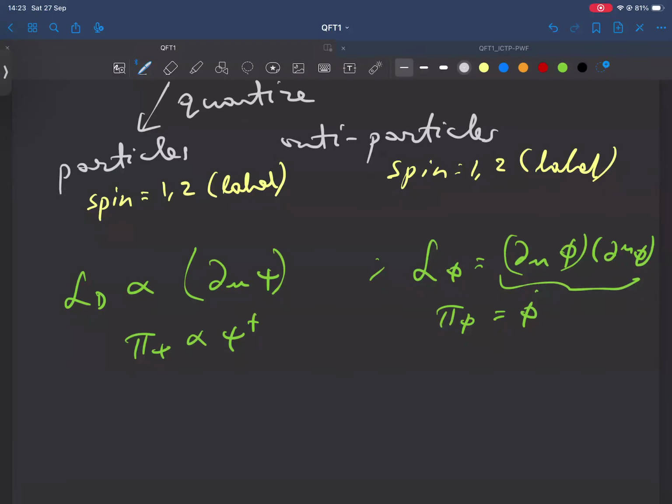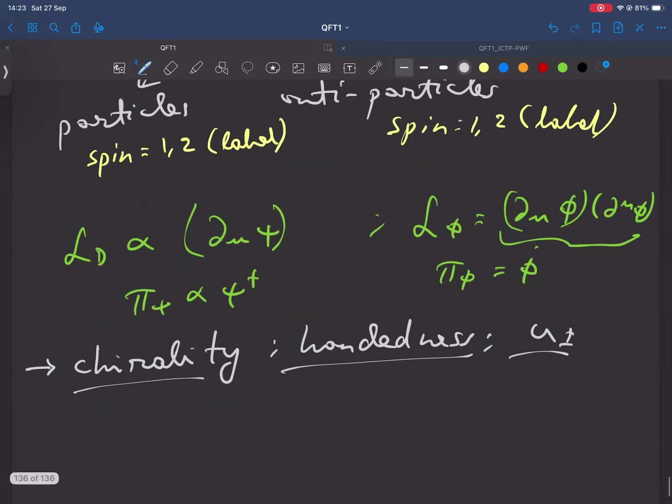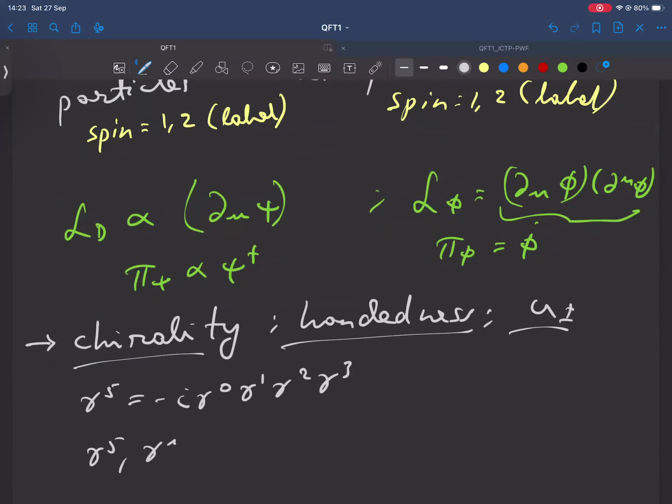Now let's move on to chirality or handedness, and try to understand these U plus minus better. Chirality or handedness and these U plus minus, okay, that we introduce the Weyl spinors. So for this, note that we introduced another gamma matrix yesterday very briefly, which was like this. And you can show that gamma 5 anti-commutes with all the other matrices, and gamma 5 squared goes to identity.